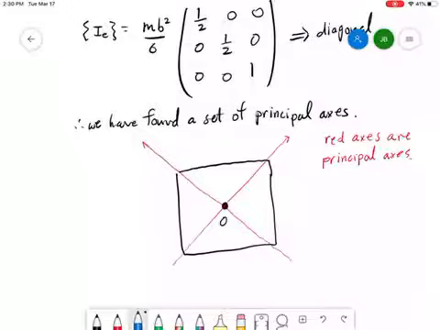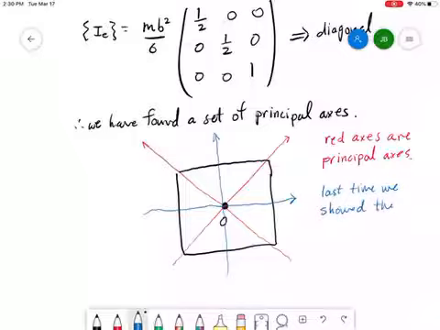But you may remember that in the last video, we found a different set of principal axes for the same point. Last time, we showed that the blue axes were principal axes.